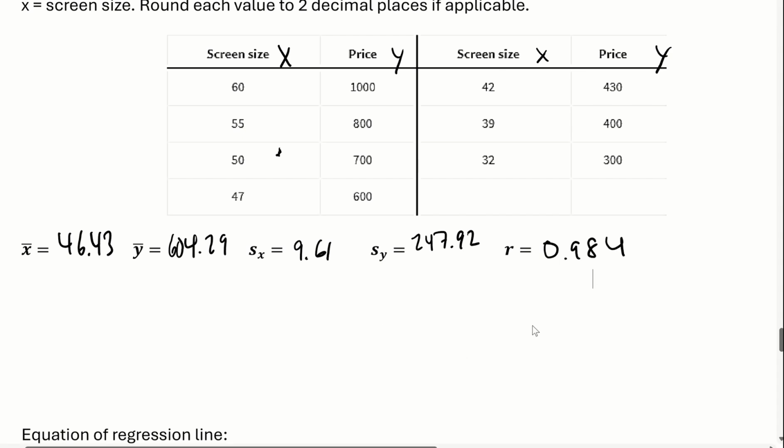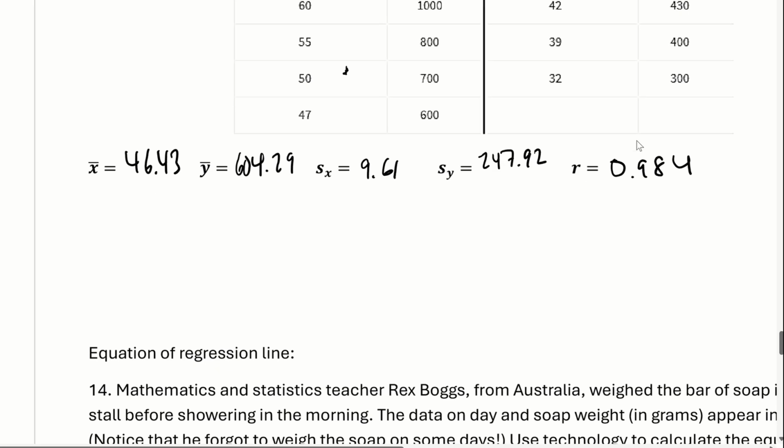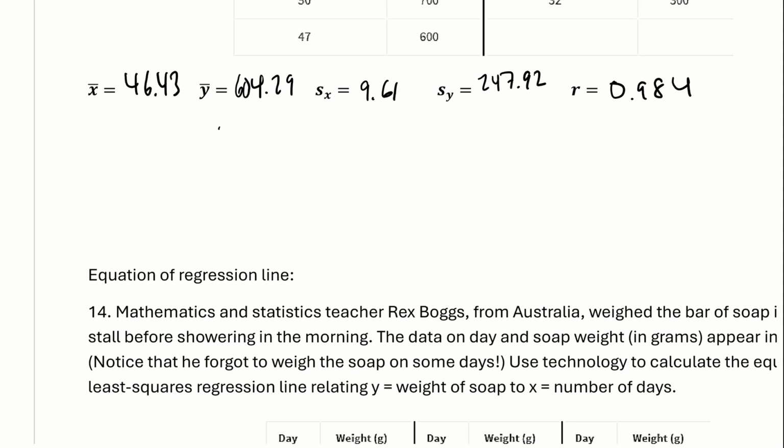Okay. Now, to calculate the equation of the least squares regression line, you have to use the formulas, which are going to be given on your formula sheet for B and A. So here's your formula for B: R times SY over SX. So once you calculate these, you can just plug it into that formula.